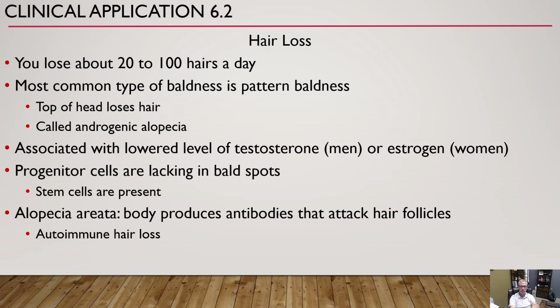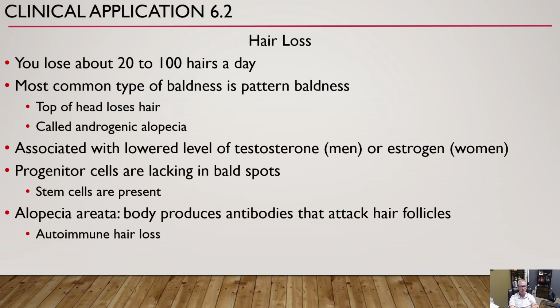For men, it's going to be testosterone, for women, it's going to be estrogen. Obviously, it's more common in men than in women. And it's basically because you have a lack of stem cells being present. So you have these progenitor cells. We talked about those totipotent cells, those pluripotent cells. So progenitor cells are lacking in those bald spots.